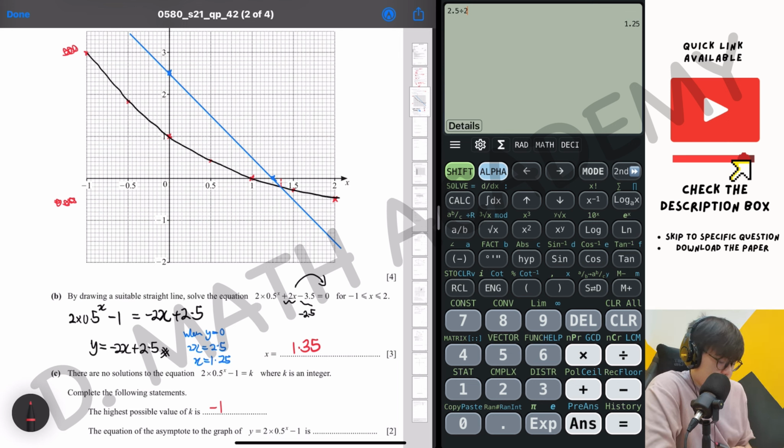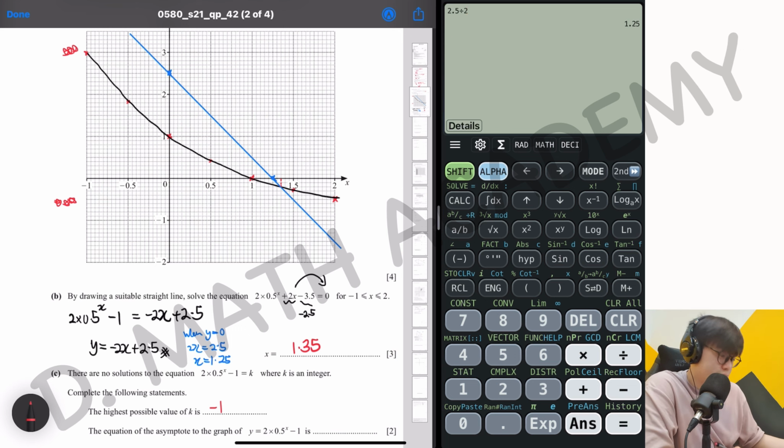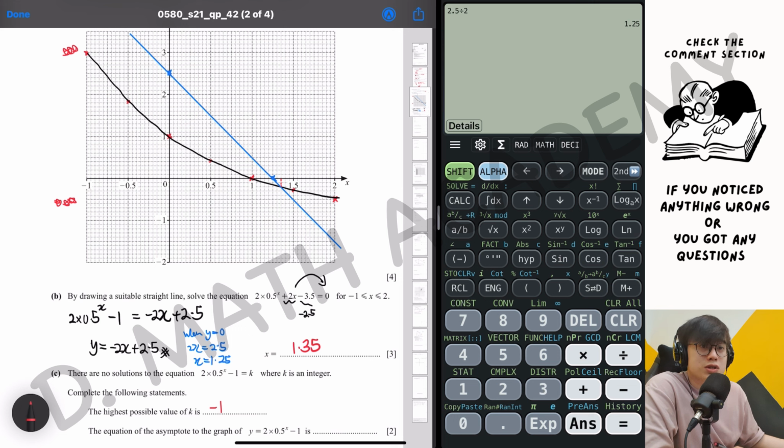The equation of the asymptote to the graph y equals 2 times 0.5 to the power of x minus 1 is y equals -1. I will attach a picture here on the screen to show you how the asymptote looks, and also, to be exact, if you were to sketch out the entire graph, it will actually look something like this.